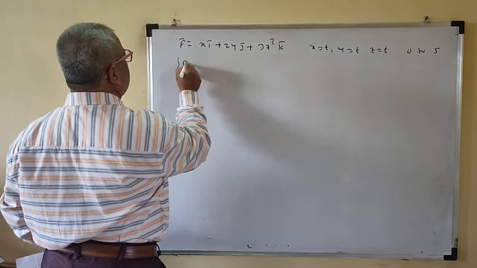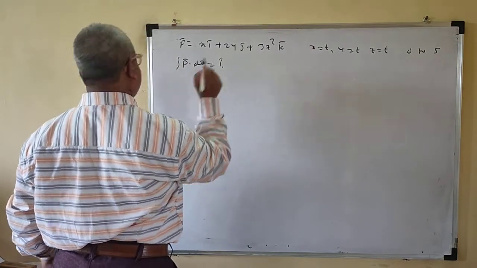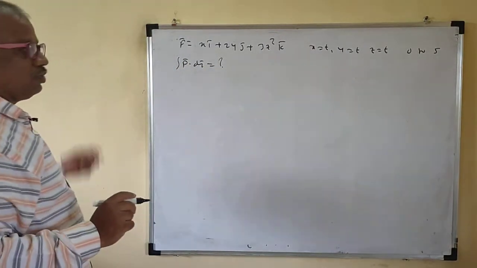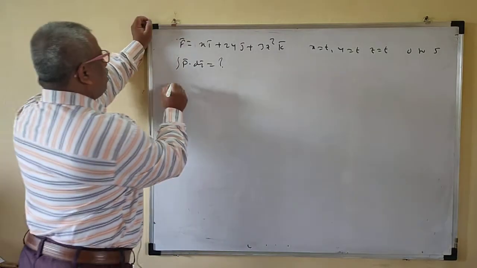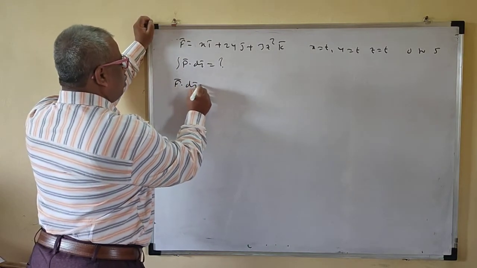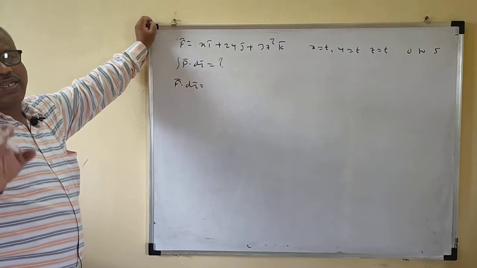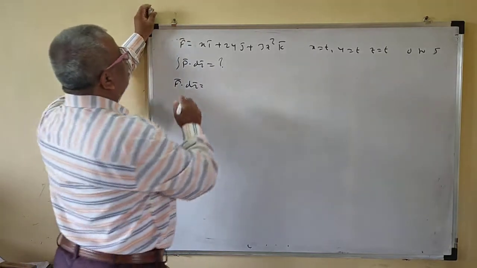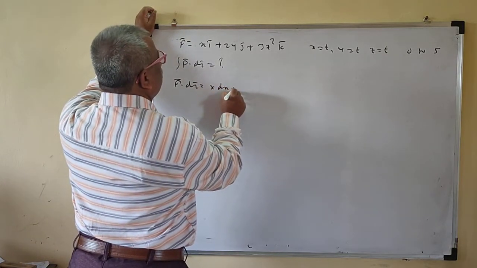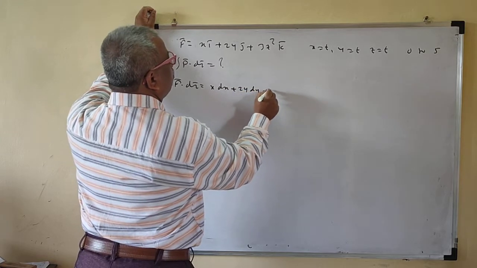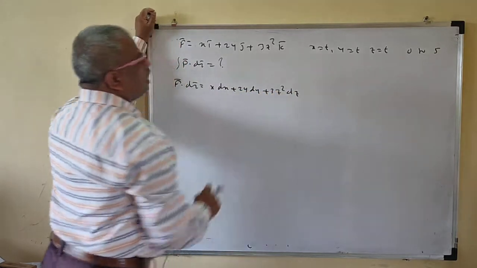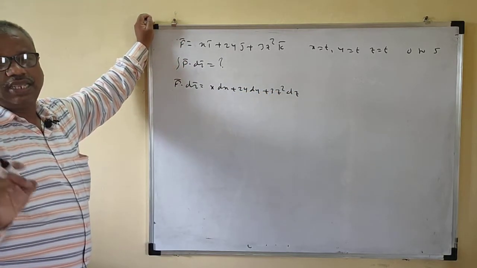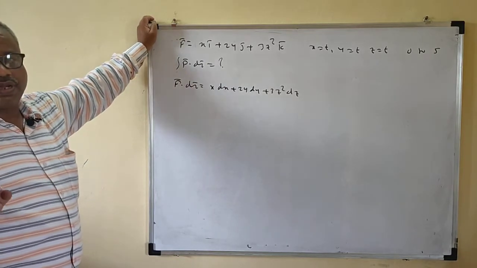Then what is F bar dot dr bar? This is your question. We will convert F bar dot dr bar in terms of a single variable. So this is x dx plus 2y dy plus 3z square dz, writing i bar, j bar, k bar as dx, dy, dz.